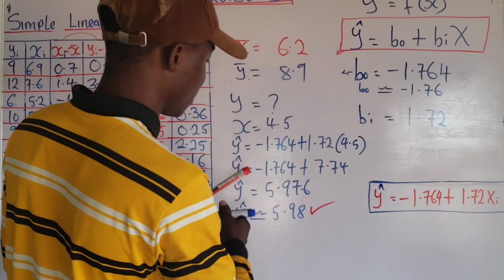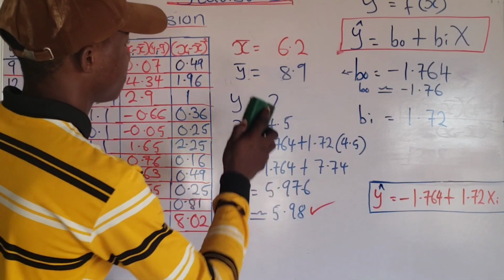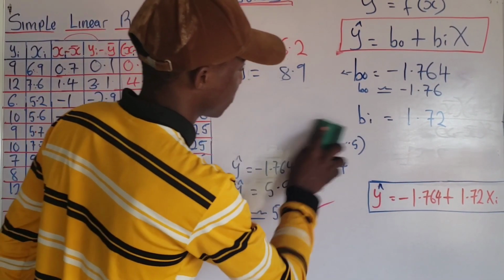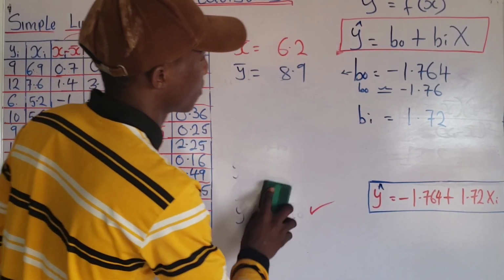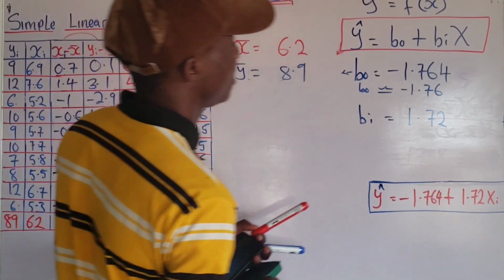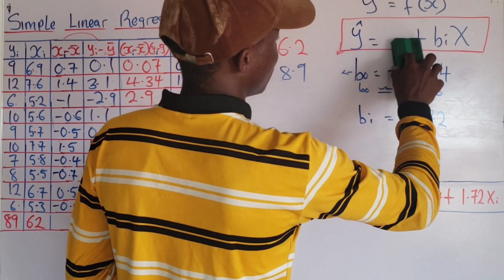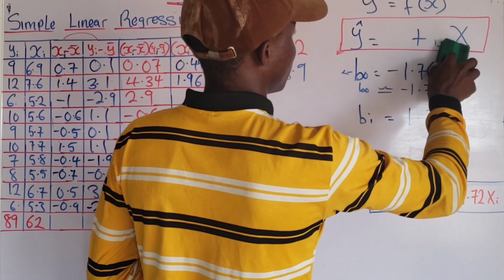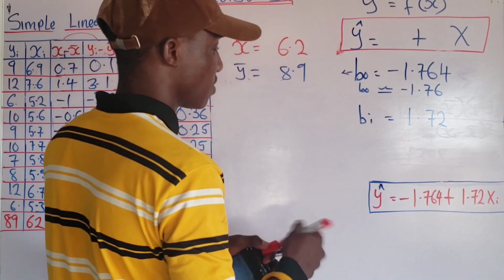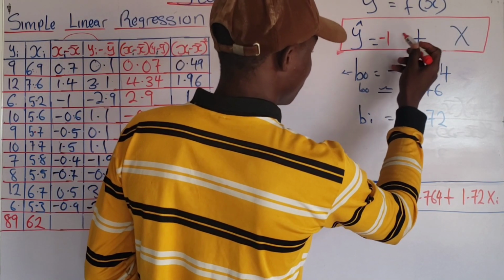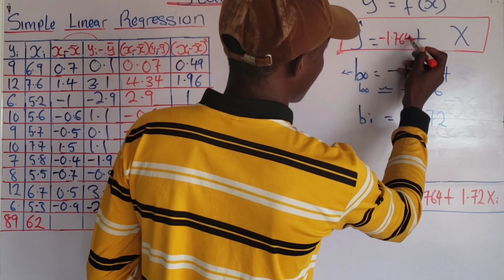Okay, let me erase this. Now, let us keep this because we've gotten the regression equation. That will be negative 1.764.